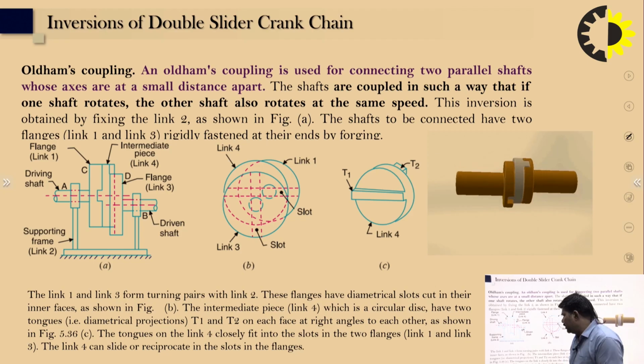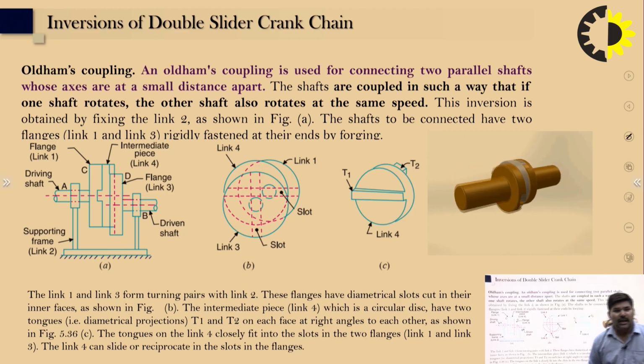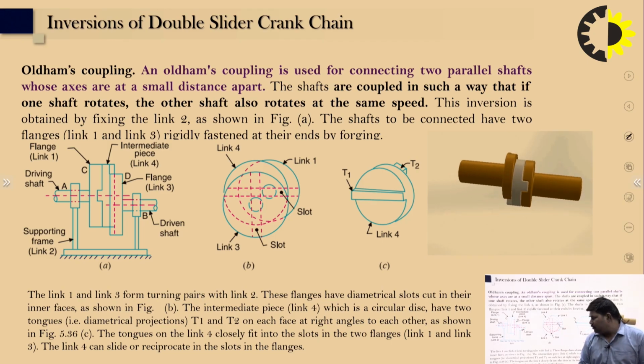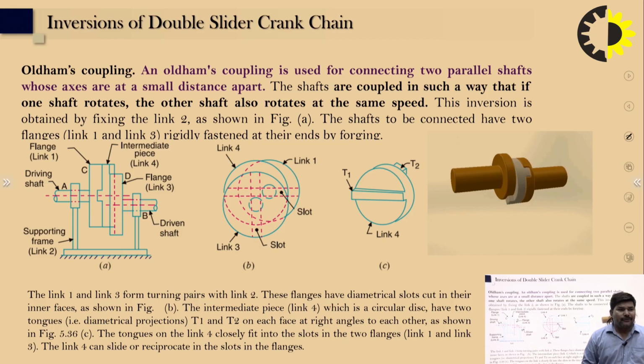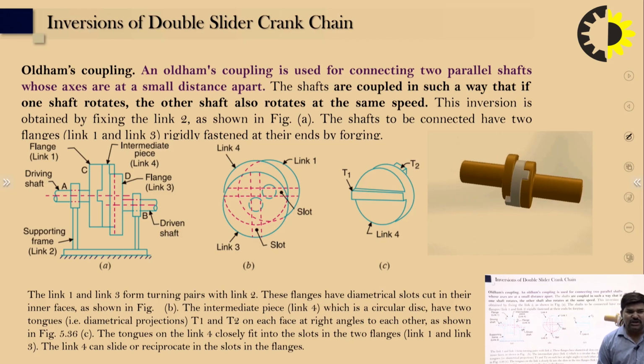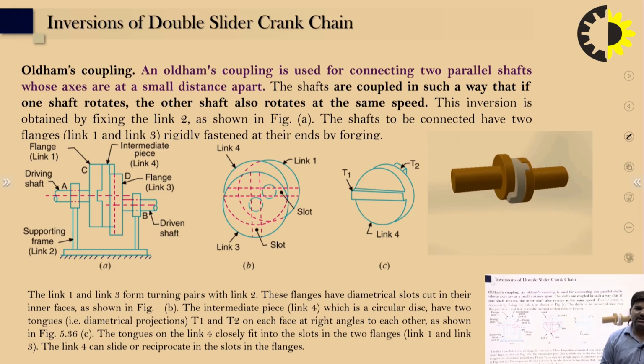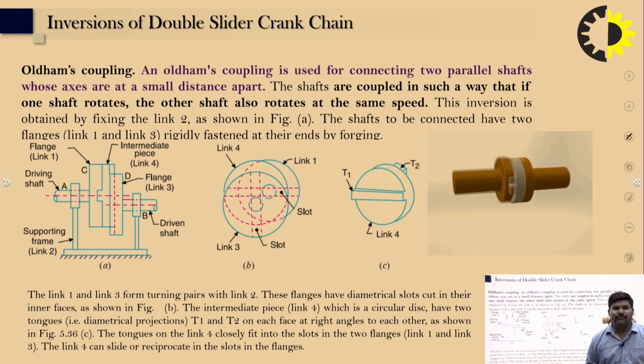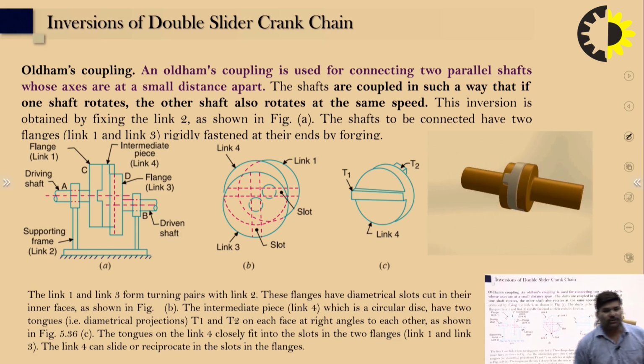Links 1 and 3 form turning pairs with link 2, and the flanges have diametrical slots cut in their inner faces, as you can see in figure B. The intermediate piece, link 4, is a circular disc with two tongues, that is diametrical projections T1 and T2, at right angles to each other, as in figure C. The tongues of link 4 closely fit in the slots in the two flanges.